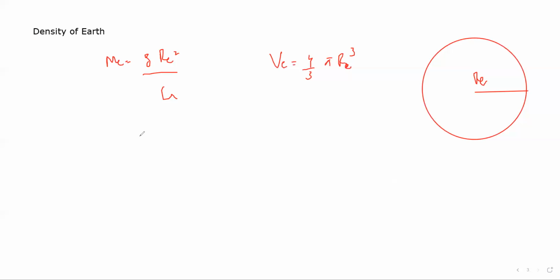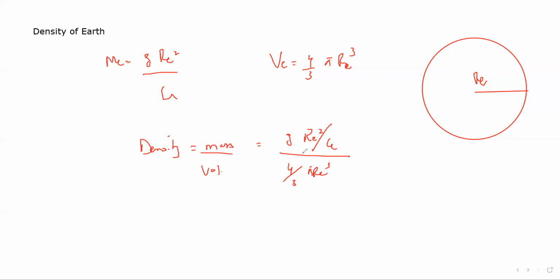To get the density, as we know, density is equal to mass per unit volume. The mass of Earth is small g, radius of Earth square, divided by capital G, and the volume is equal to 4 by 3 pi r cube.